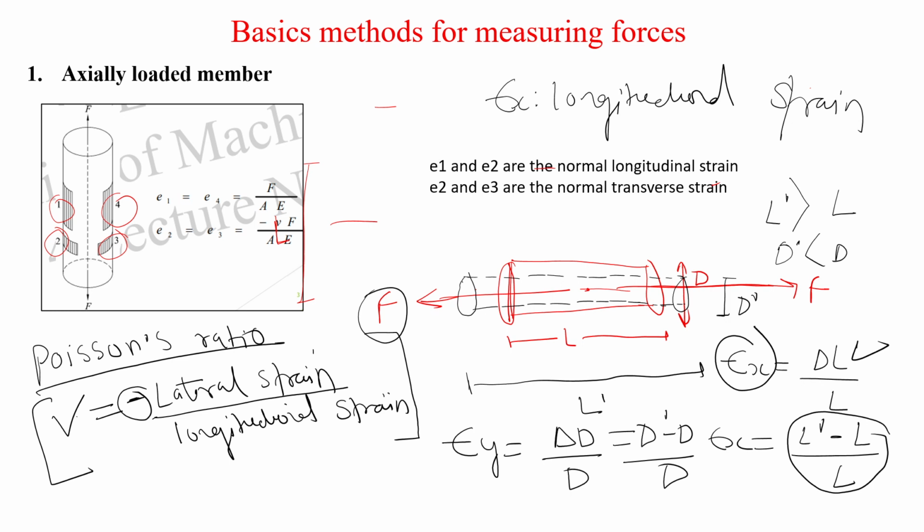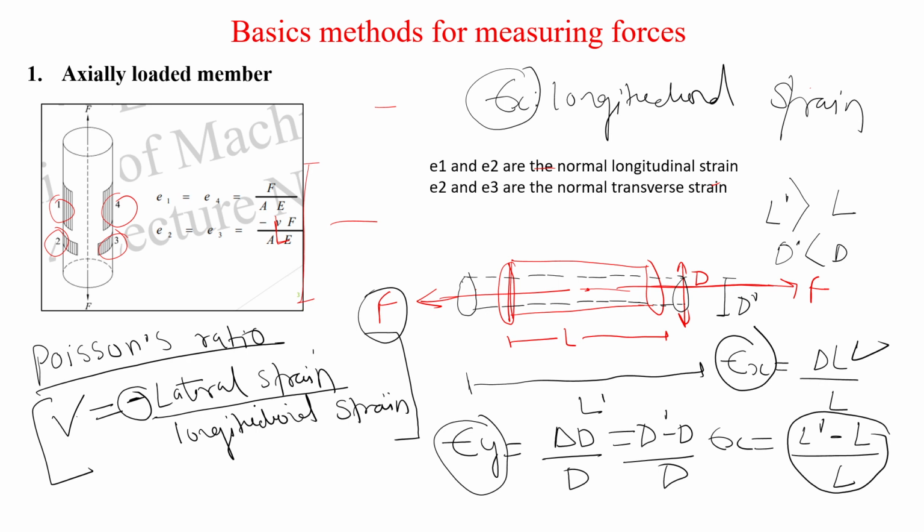Okay, so in this longitudinal direction the length is increasing, so this is positive. But in the lateral direction this diameter is decreasing. If the diameter is decreasing, then this del d should be negative: D final minus D initial, so D final is less than D initial. So the change is negative, right? Yes, sir. So if the change is negative, then this epsilon y will be negative. If we put negative upon positive, the ratio will come negative, right?